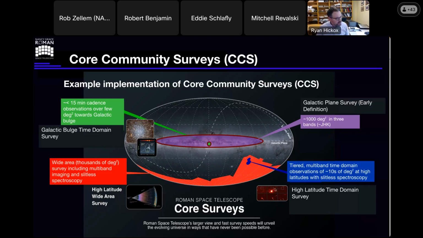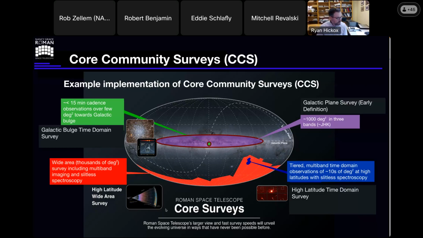Those three surveys are a Galactic Bulge Time Domain Survey that's primarily designed to identify exoplanets via microlensing. A High Latitude Time Domain Survey, whose primary aim is to look at high-redshift supernovae to determine the expansion of the universe and therefore put constraints on dark energy and other cosmological parameters.